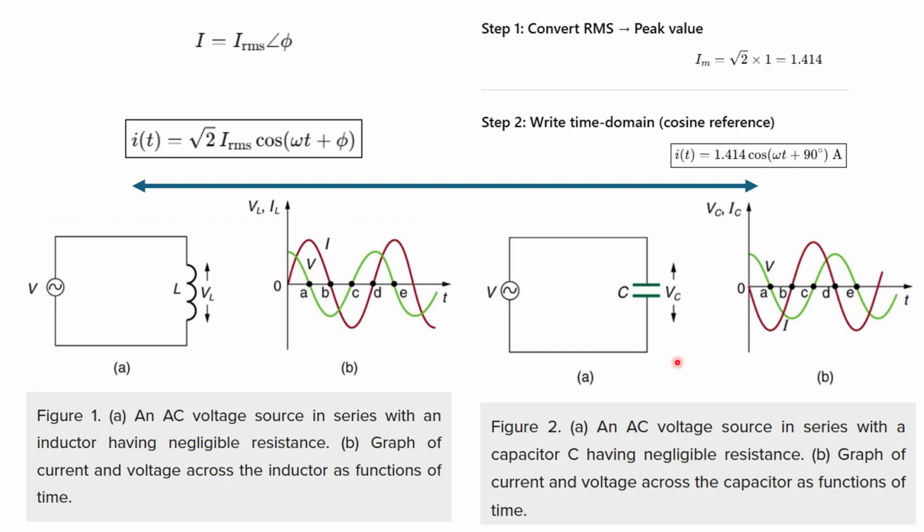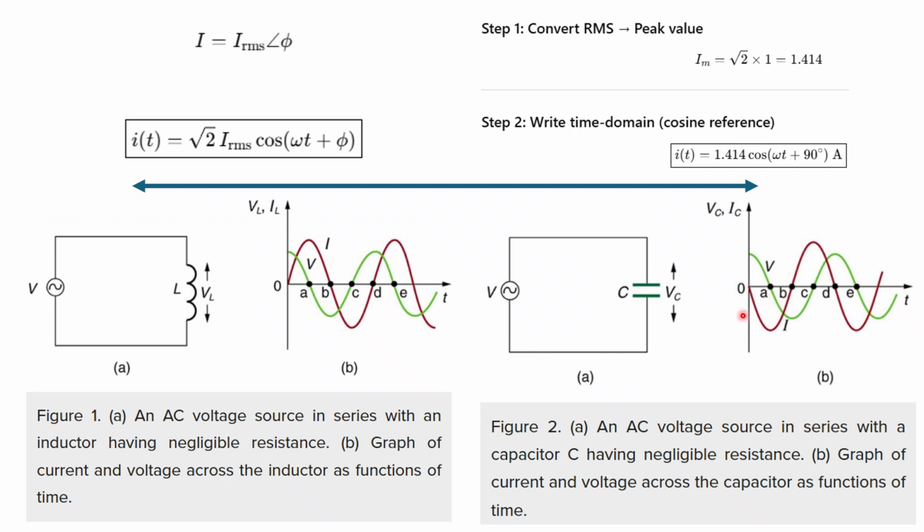Similarly, in case of the capacitance, you can see here now your current is starting from 0 and going down, but voltage has already started, right? So you have to shift it left by 90 degrees, then they will overlap each other. In this case also your current and voltage are not overlapping.